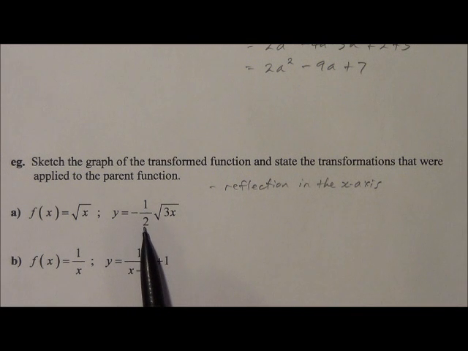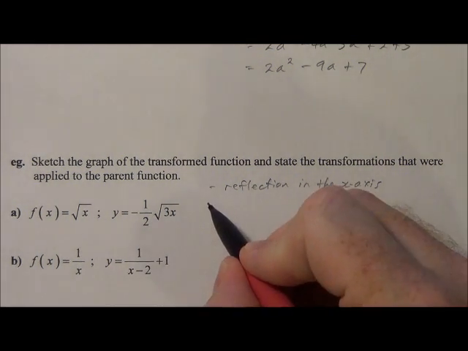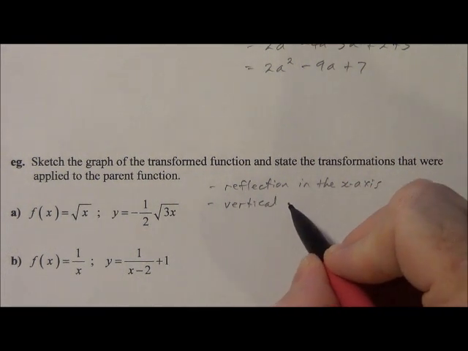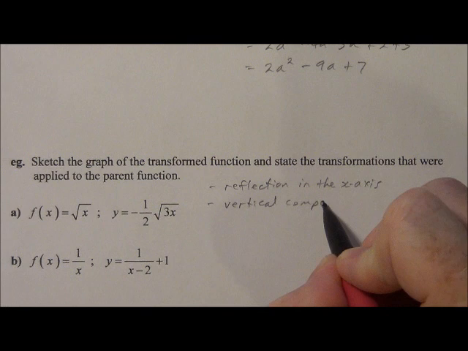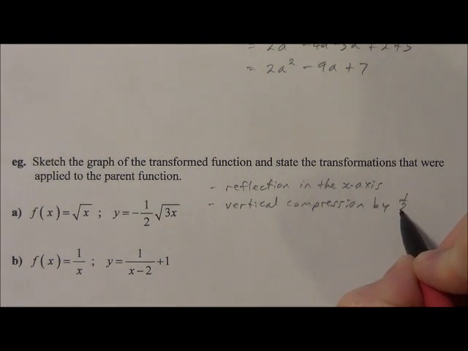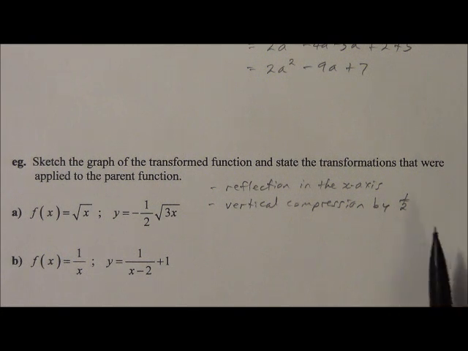Then, after the negative, we've got the 1/2. What does that do? That's a vertical compression by 1/2, meaning it gets compressed to half its size vertically.